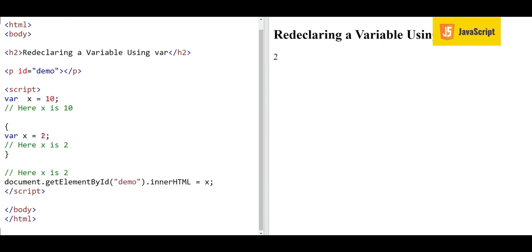Even if I make it 5, it will become 5. So 10 will not be usable here. But if I comment this, then now my variable is 10. And if I remove this again, it is 5. I hope this concept is clear to you now.